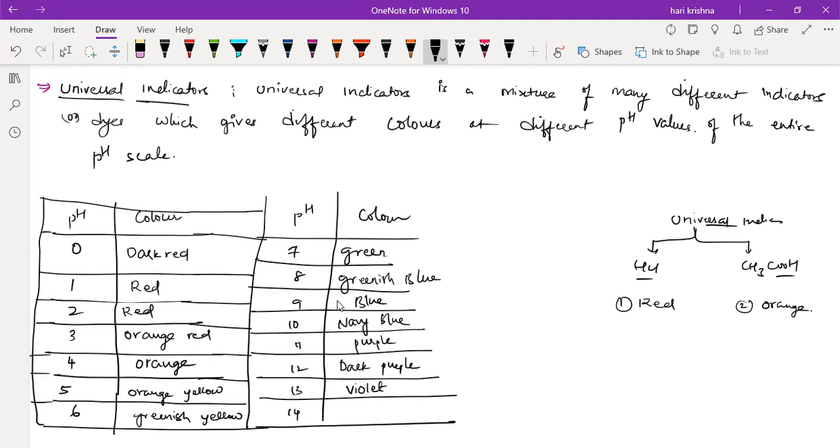And pH 14 is dark violet. Okay, so these are the different colors for the different pH numbers in the universal indicator.